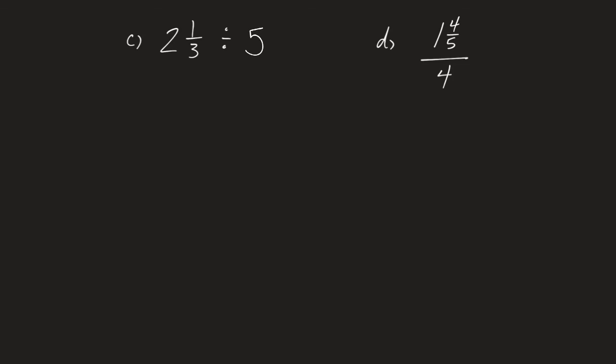There we go. So we've got 2 1/3 divided by 5. And then in question D, that looks really ugly because now you have fractions within fractions. You've got 1 4/5 divided by 4. I want you to go ahead, answer both of those, and we'll see if we match up. Okay, pause the video now.